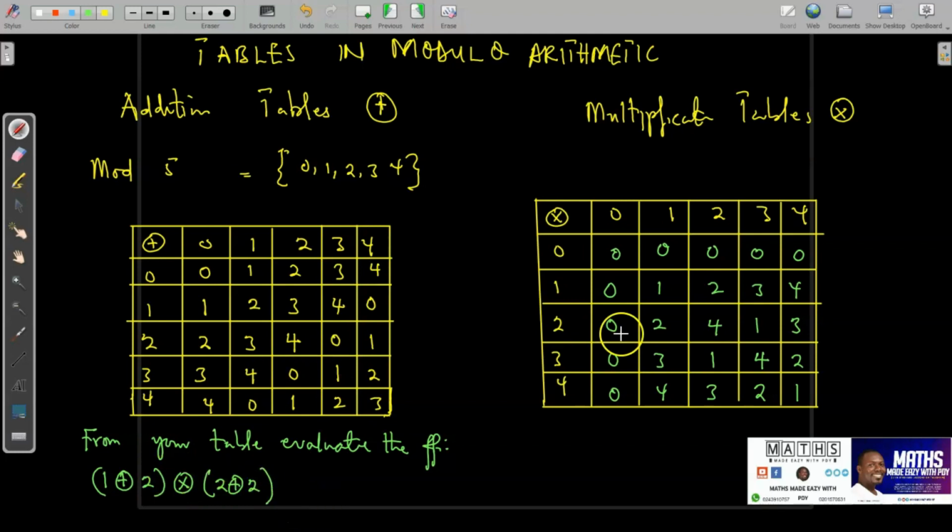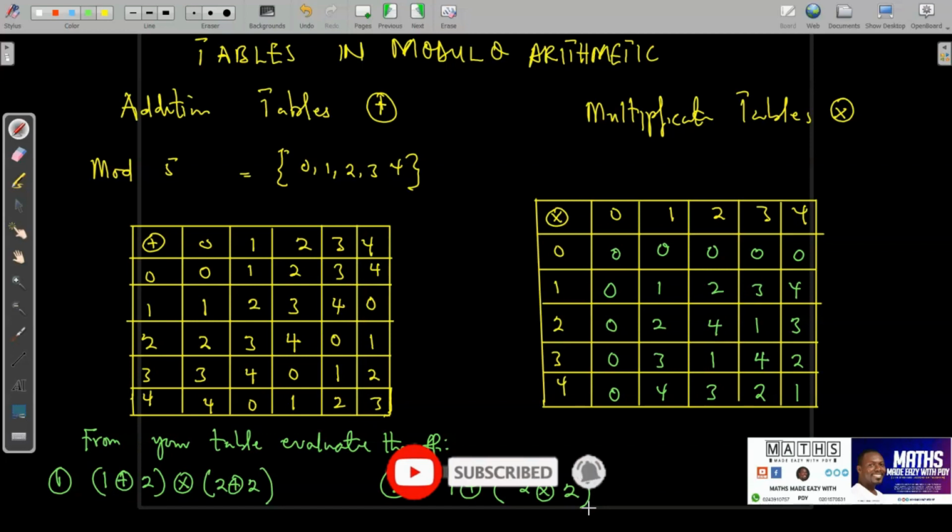So we are using the tables that we have to evaluate the solution for this question. That's number one. Number two, I have it as 1 plus into bracket 2 multiplying 2. Okay, so I have just these two questions. We'll come back to tables later on with other questions.